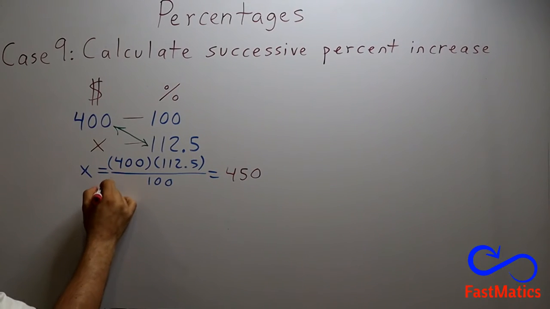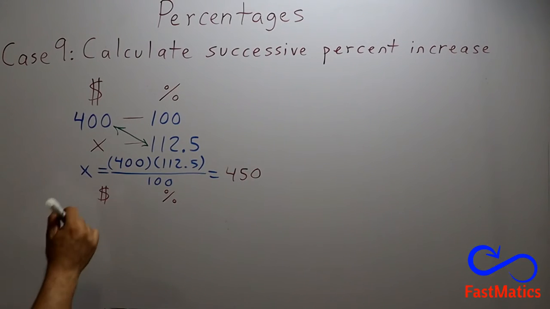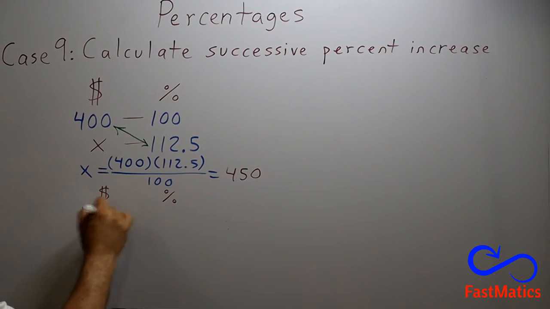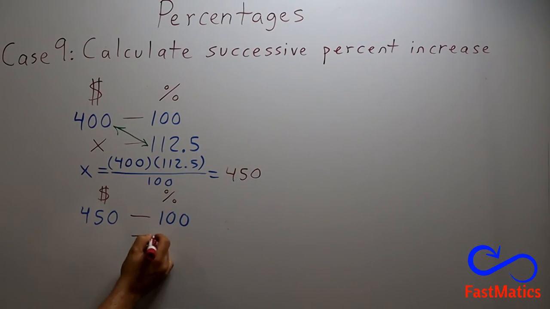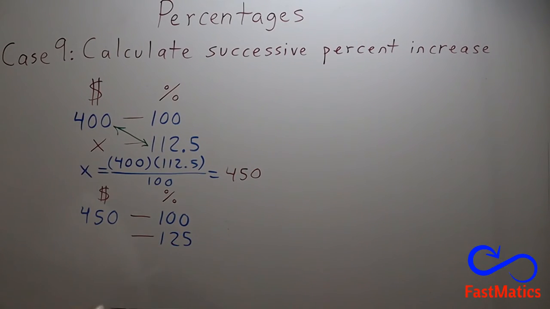Now, we restart with a new rule of 3 because $450 is now my 100%. But now I have a new fare increased by 25%. So now 125%, how much?